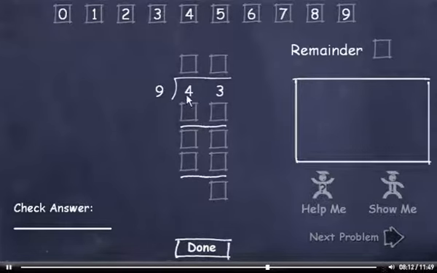43 divided by 9. 9 can't go into 4, but it can go into 43 4 times. Four times 9 is 36. I can't subtract 6 from 3, so I'll have to borrow. 13 minus 6 is 7.